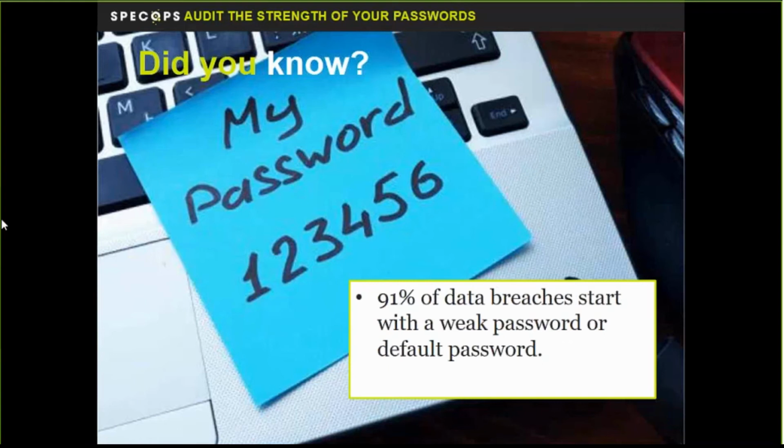There's the big breaches that hit the news, lots of smaller breaches that you've never heard about. But as industry experts track how these breaches occur, 91% of the time, more than 9 times out of 10, that breach was caused by either a weak password or sometimes even a default password, something where the factory default was set and was never changed. So, think about it: 9 out of 10 attacks you can block just by having a stronger password policy and making sure that those passwords are as secure as they possibly can be.